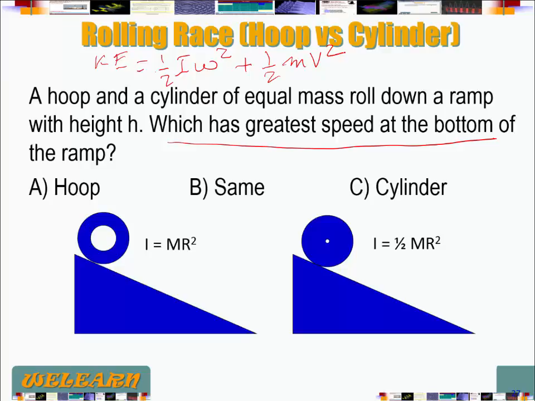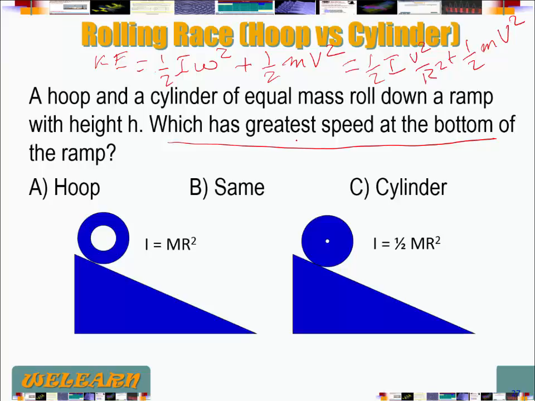Now, if they are asking for the speed, they are asking for v, so let's rewrite this in terms of v. So omega is v over r. So this is going to be 1/2 of I v squared over r squared plus 1/2 of m v squared.